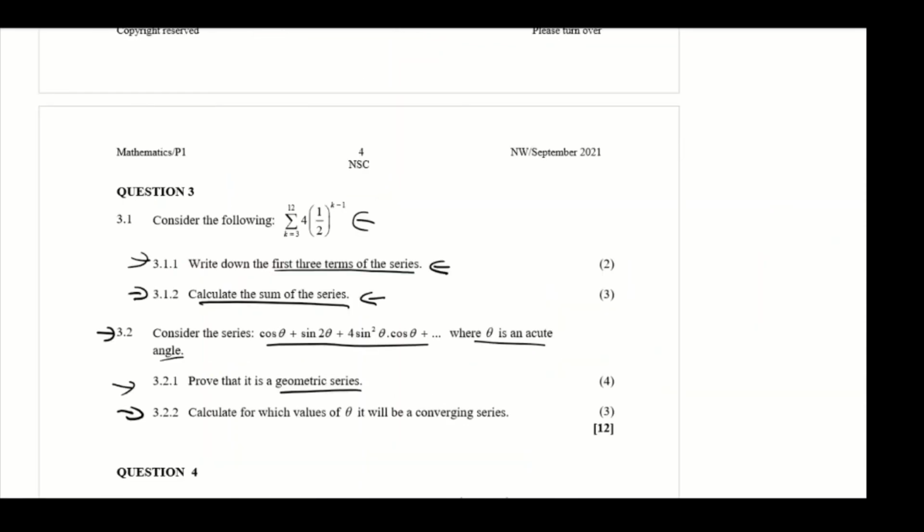So 3.2.2, we are asked to calculate for which values of theta the series will converge. So remember that convergence applies when R lies between -1 and 1. And we found in 3.2.1 that R is actually 2 sine of theta. So we're going to substitute this 2 sine of theta into this problem here.